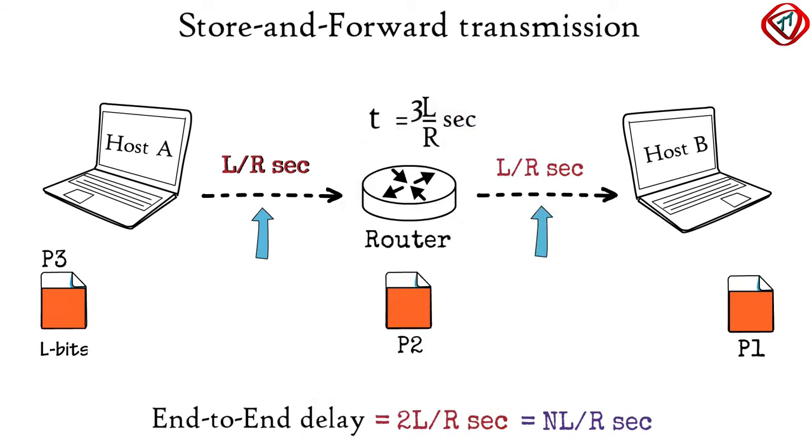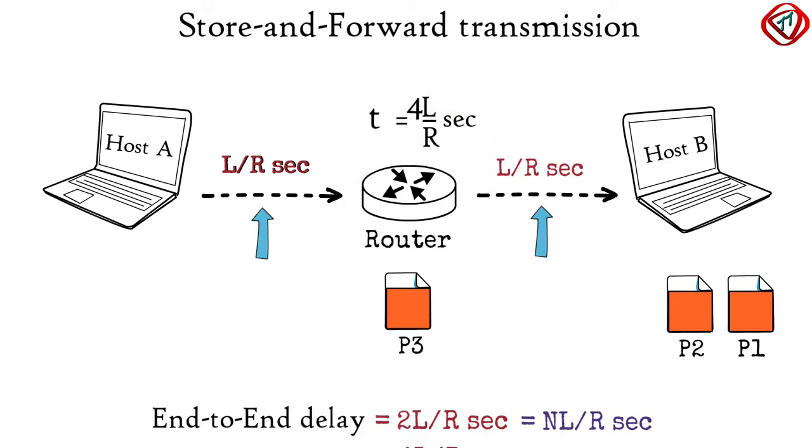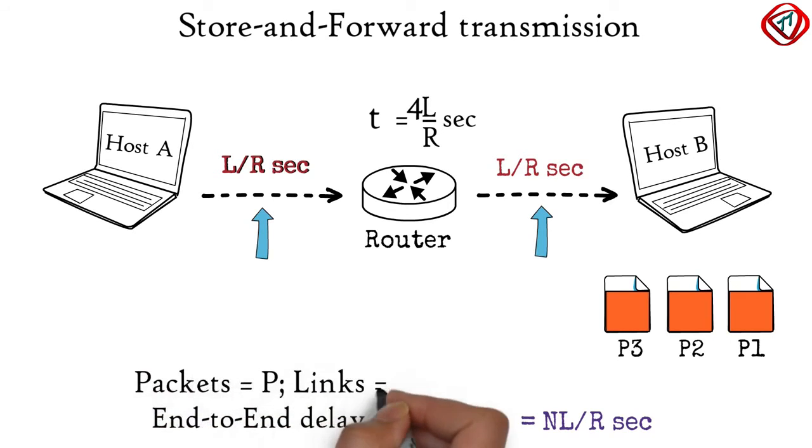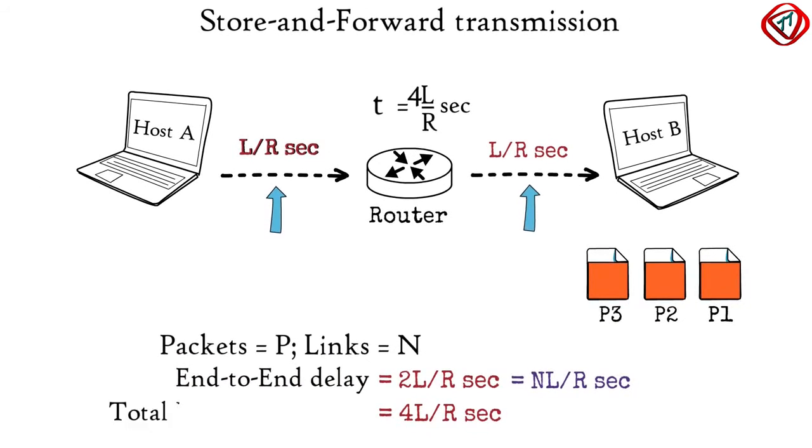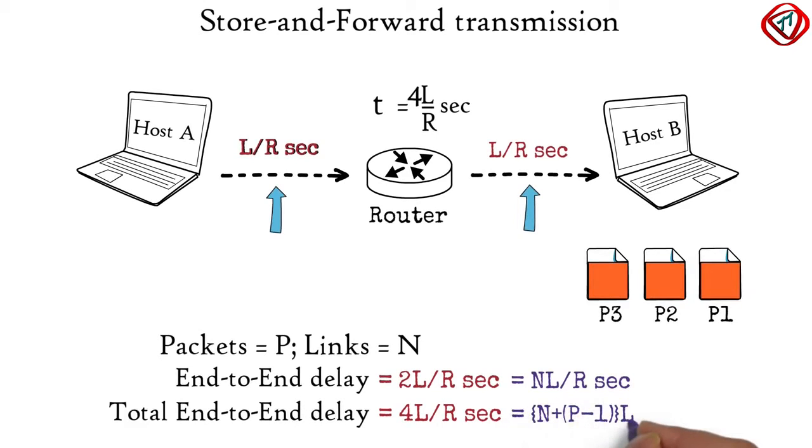At 3 L by R seconds, host B receives the second packet and the router receives the third packet. At last, at 4 L by R seconds, the host B receives the third packet. In general, if there are P packets and N links, the total end-to-end delay is (N + P - 1) times L by R seconds.